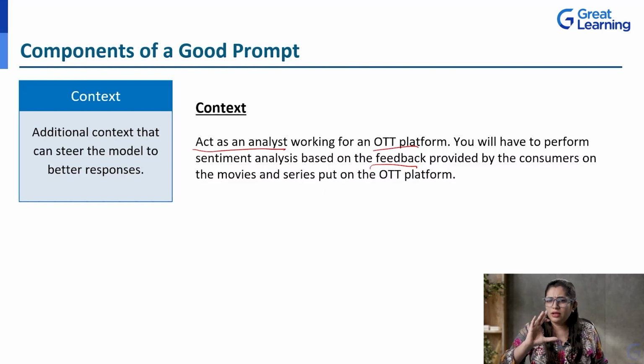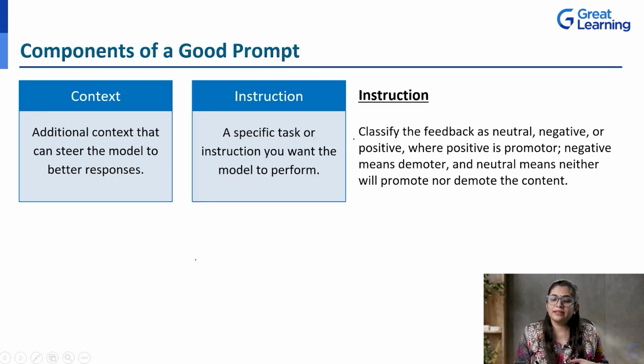Now, given this, your ChatGPT knows that it needs to think from an analyst perspective. It needs to do sentiment analysis. Now, second is instruction. You are telling ChatGPT to classify the feedback into neutral, negative, positive. Here you are instructing ChatGPT what is positive.